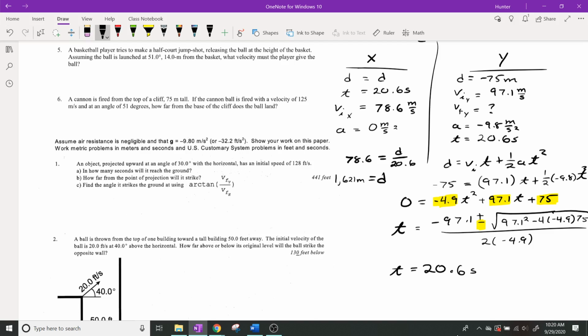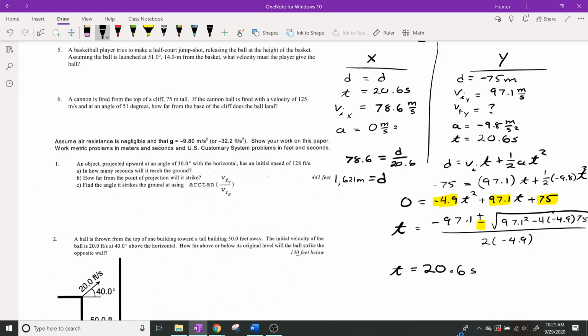You're telling me this thing shot 1.6 kilometers? You got what? Okay, so 1619, 1621. Either one of those is fine, because if you're going that far, that's within the measurement of error, definitely.